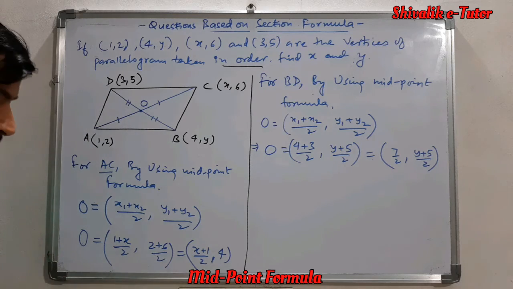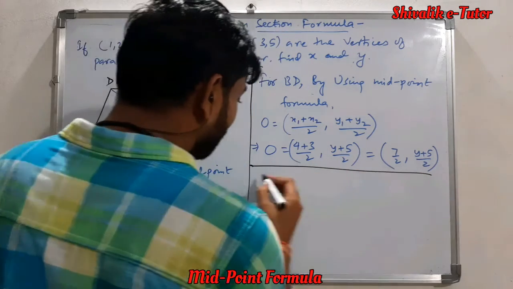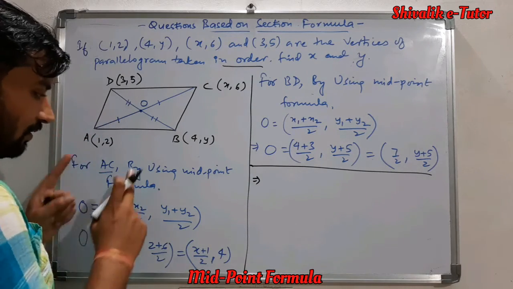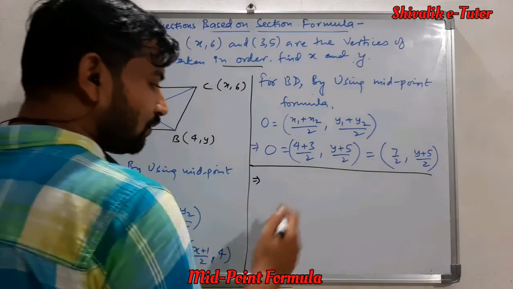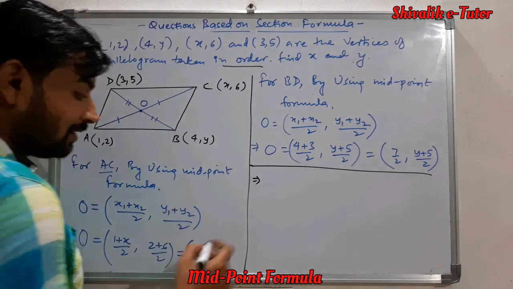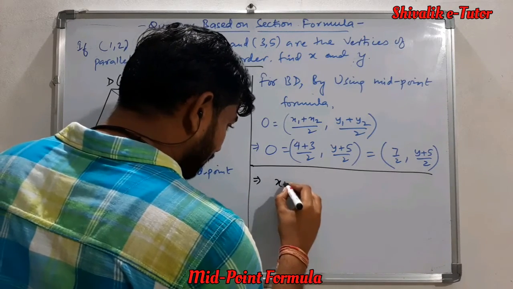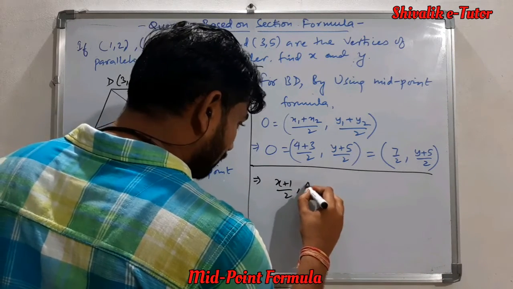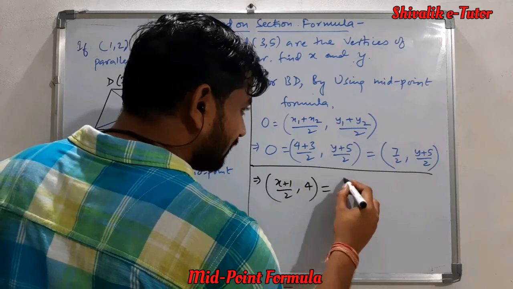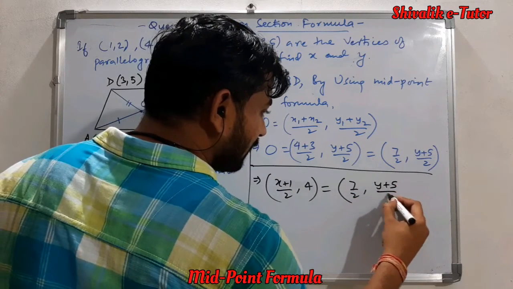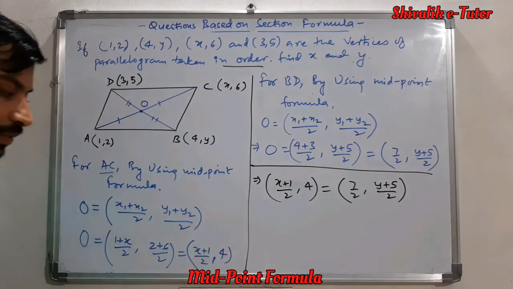So we can write the x coordinate of O for AC is equal to the x coordinate of O for BD. So we can write (x plus 1) upon 2 comma 4 is equal to 7 by 2 comma (y plus 5) by 2. These two points will be equal.